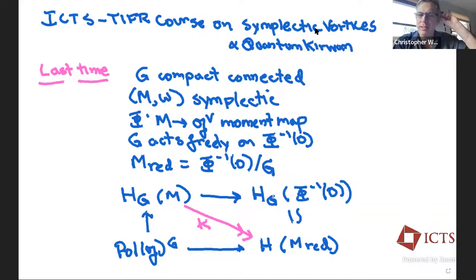So last time we talked about the cohomology of the symplectic quotient. G was a compact connected Lie group, and (M, omega) was the symplectic manifold.